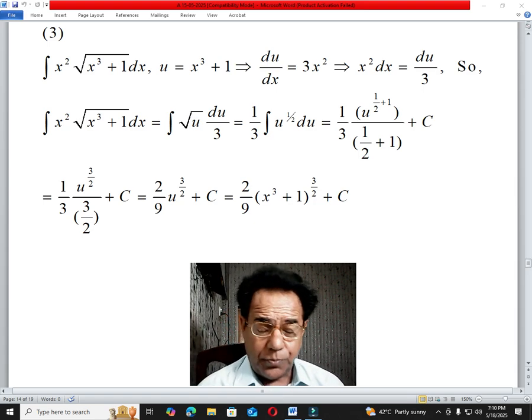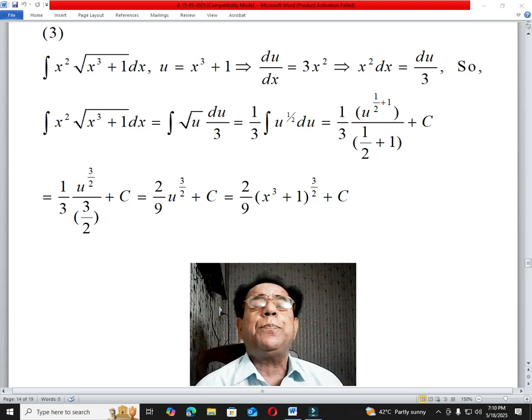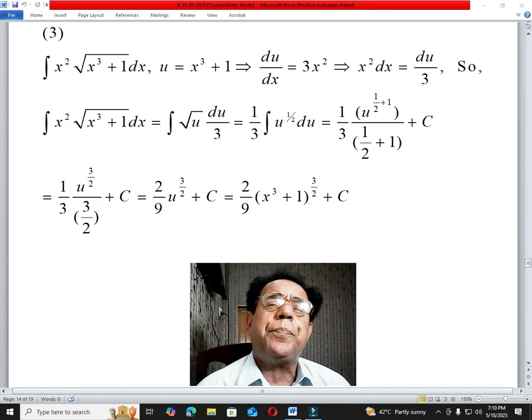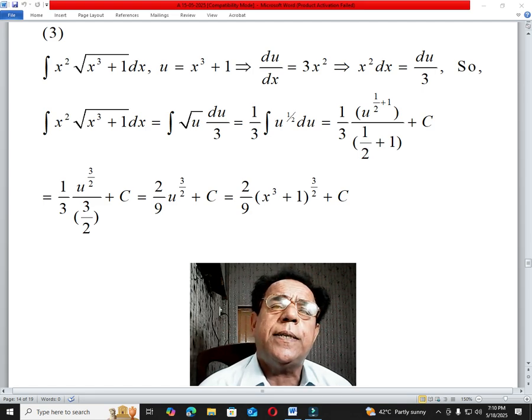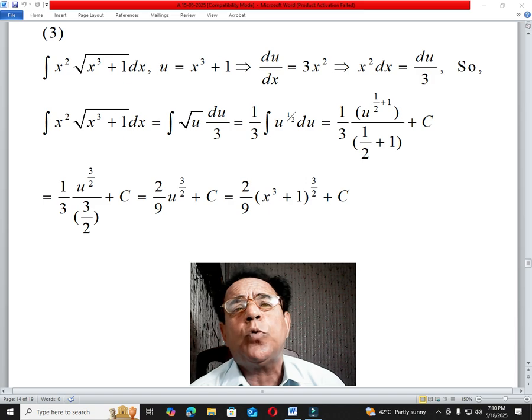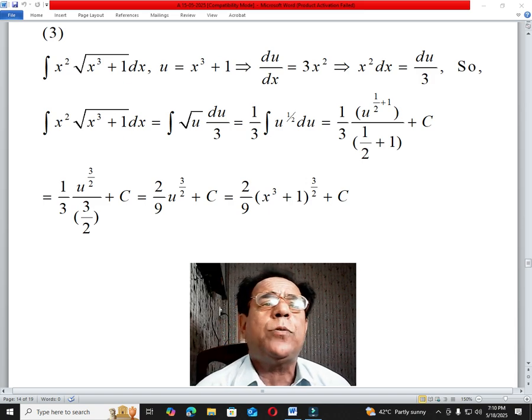So the exponent is increased by 1, that is 1 by 2 plus 1, and the same figure, 1 by 2 plus 1, will appear in the denominator. Moreover, we know that half plus 1 is equal to 1.5, that is 3 by 2.